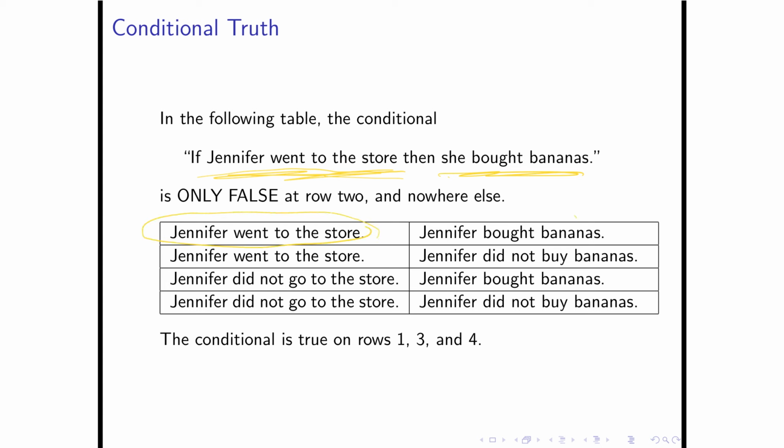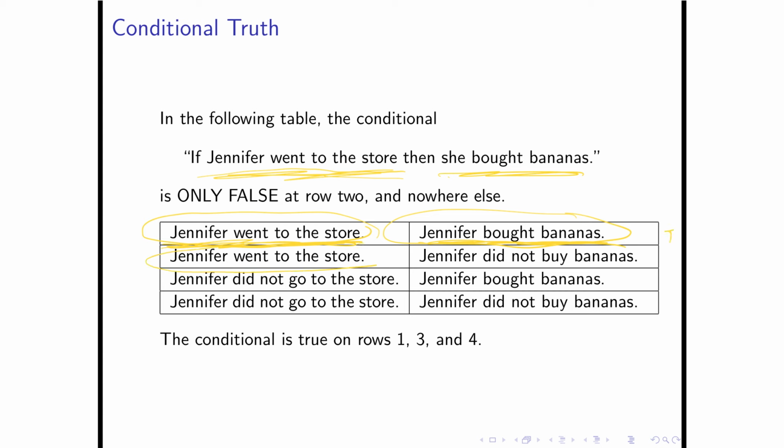So it could be that both are true, that Jennifer did go to the store and she bought bananas. In that case, we are in the situation where the conditional is making a claim, and the claim that we make in that situation turned out to be true. So it must be a true proposition, right? This is a sort of scenario in which the conditional comes out true.